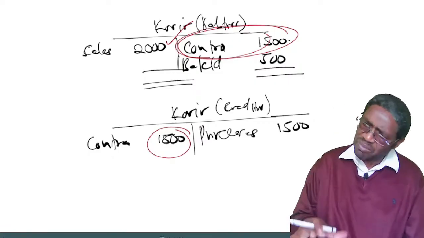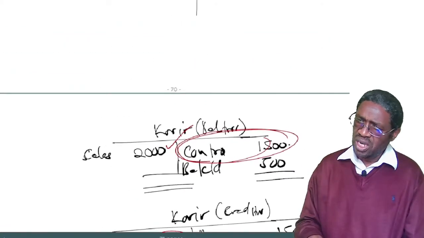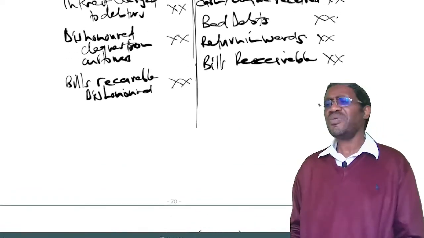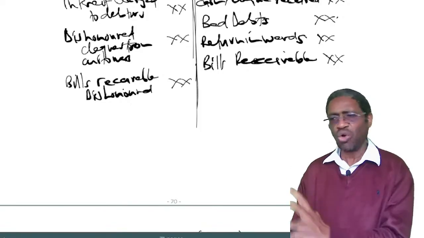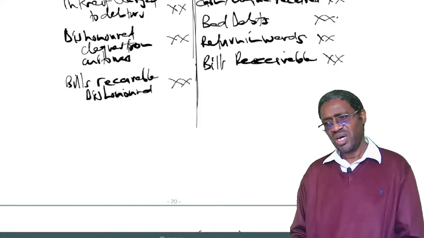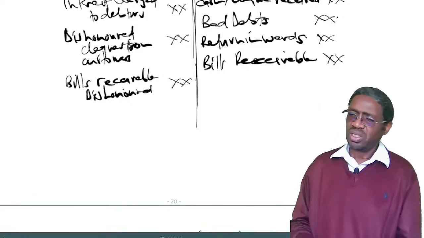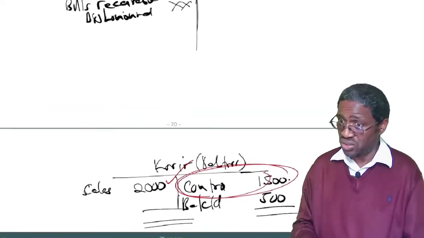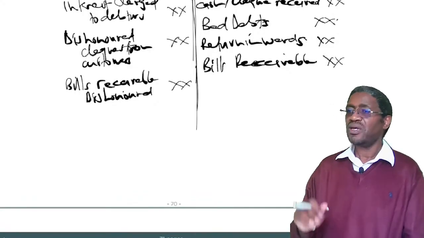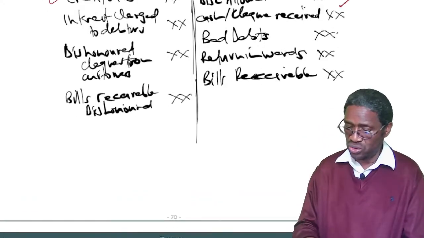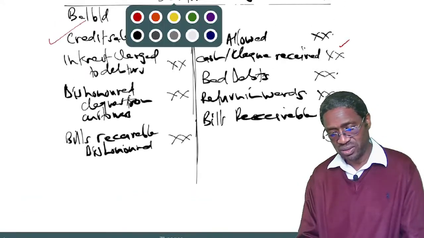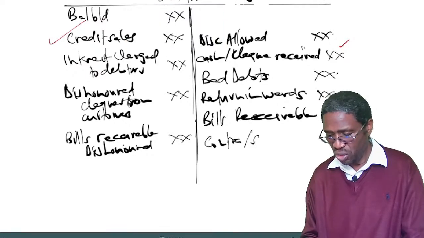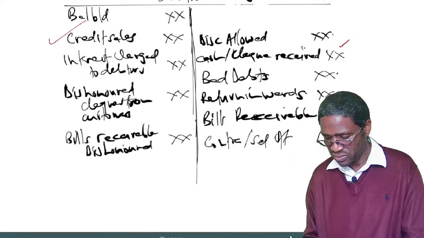So now that I'm doing control accounts, I have to find out in total how many people we did a contra for. Any set-off is credited in the debtors account, and therefore in the control account also it should be credited. Good. So you come and say a contra, or what we call set-off.